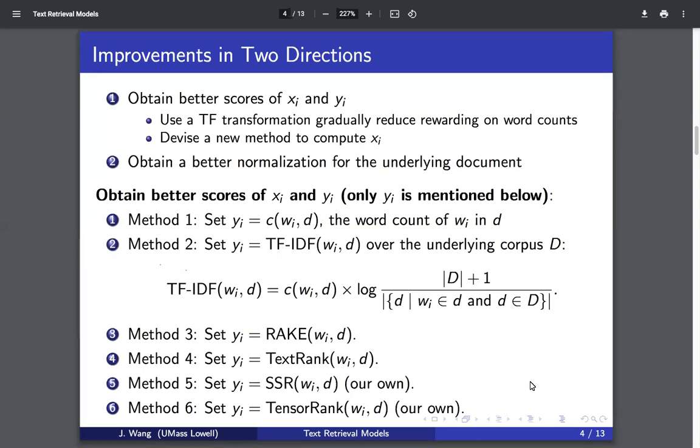So the dot product is the straightforward measure. Obviously, that is not the best measure. Actually, that's not a good measure because it does not include term frequencies, right? As earlier mentioned, we need to look at term frequency.